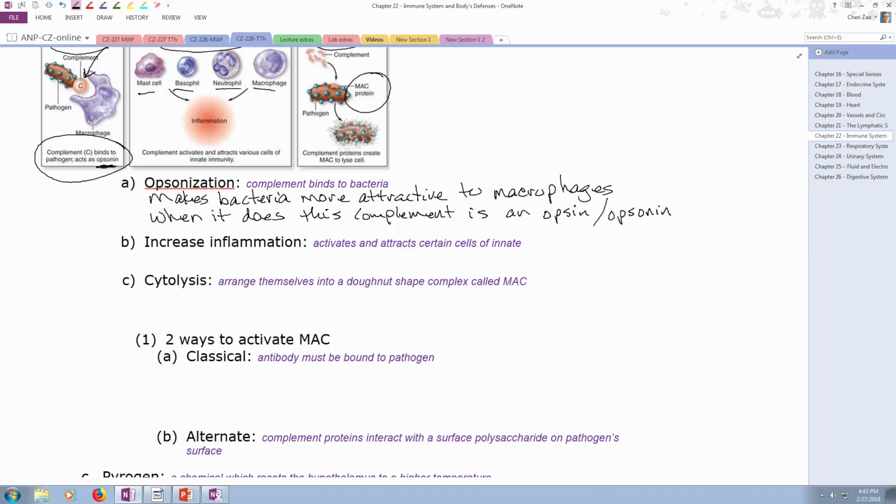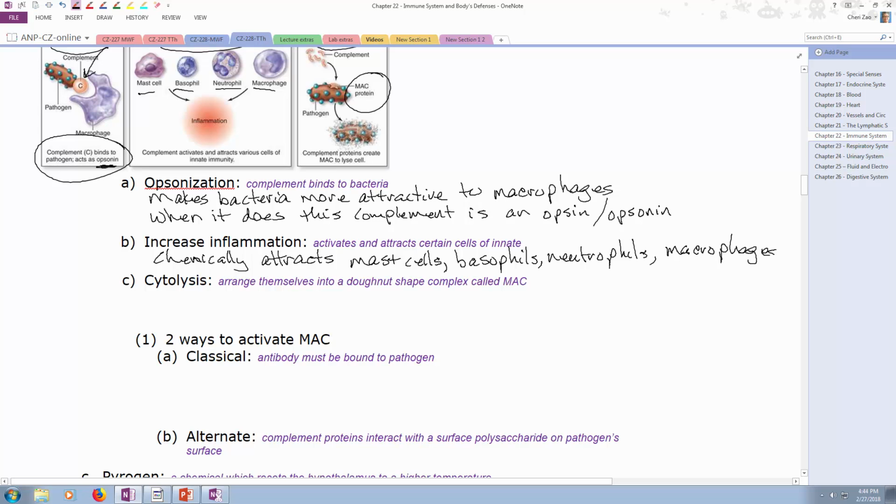It increases inflammation and chemically attracts mast cells, basophils, neutrophils, and macrophages. So a chemotactic type of process when certain complements are activated.